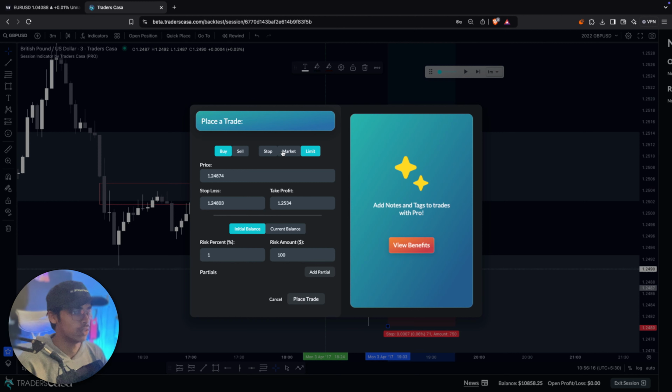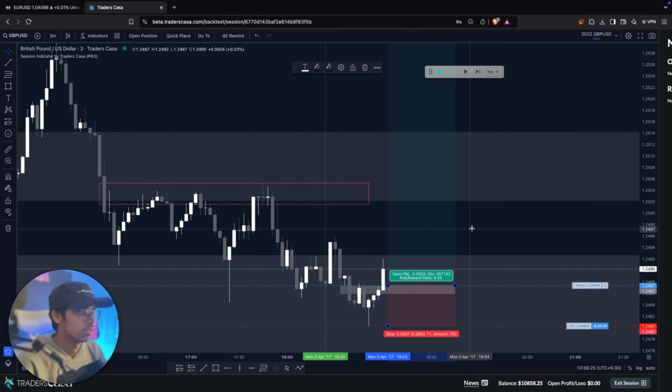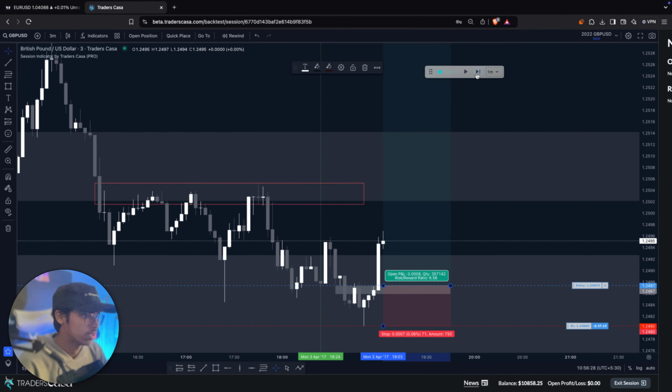So buy, I want to buy at limit, I want to use current balance, it's 0.25% of the current balance. Okay, let's just go on with the trade.